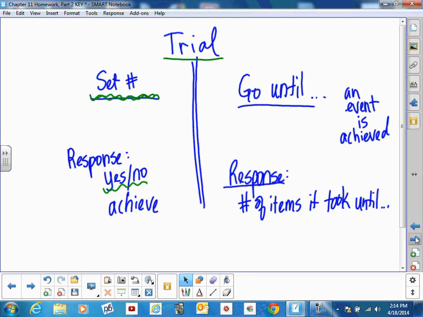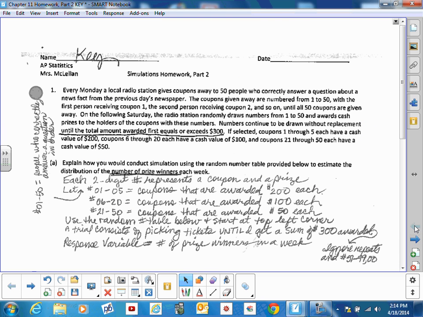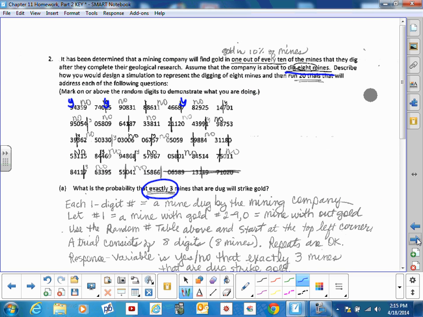So, for example, on this problem here, we were asked to... Oh, wait, that's not the right one. Let's look at this one here. This one is what that has to. Dig 8 mines. So you dug 8 mines every single time.